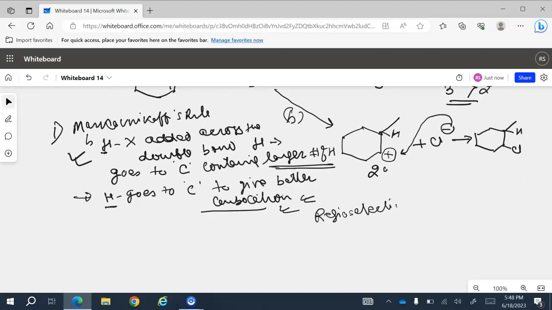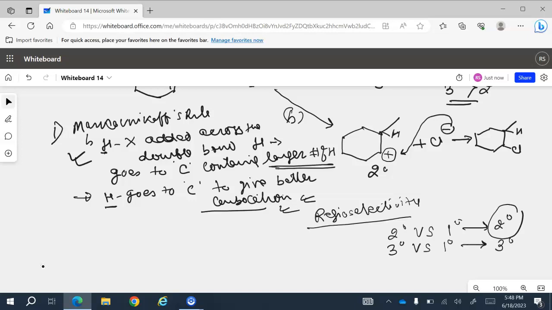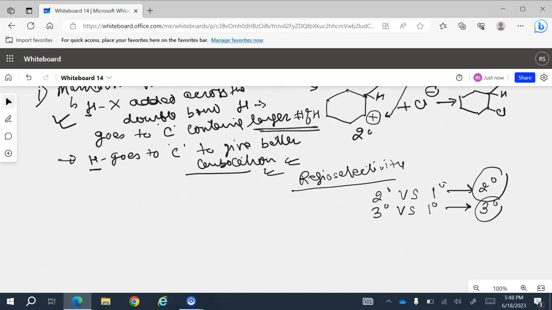However, the regioselectivity, the extent of regioselectivity, is the other thing that we need to understand. If it is secondary versus primary carbocation, exclusively only secondary will be formed. If it is tertiary versus primary, exclusively tertiary will be formed here. But if it is tertiary versus secondary, then tertiary will be the major product and secondary will be the minor product.